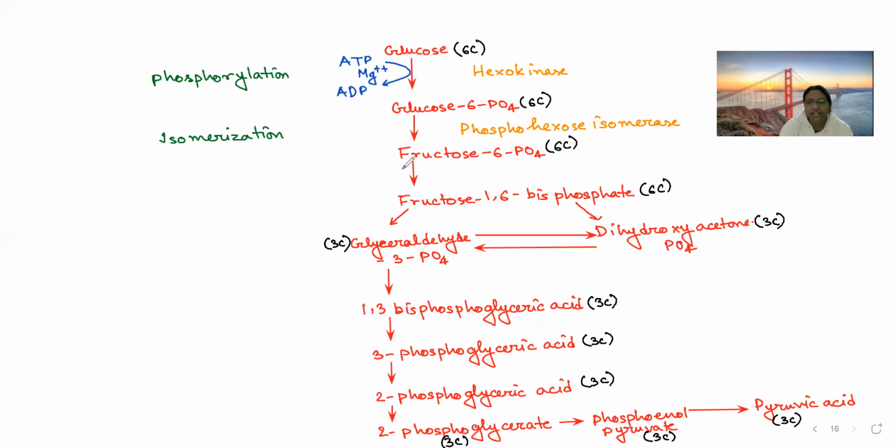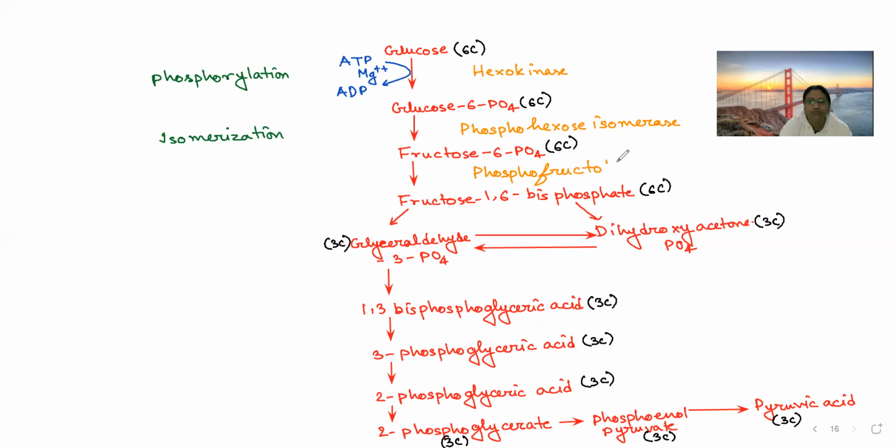So now in the next step, can you predict what type of reaction it will be? I'll write the enzyme first. The name of the enzyme is phosphofructokinase. Again kinase. So can you predict the rest? What type of reaction is this? Is it isomerization?